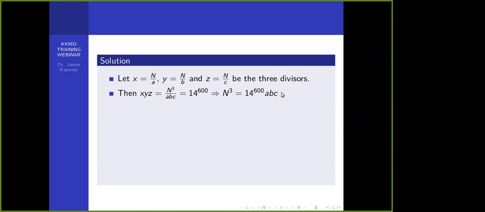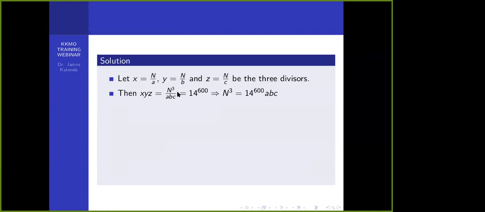Now, we can manipulate this. If you multiply X, Y, and Z, which is the product of the 3 factors we are looking for, it should be equal to n cubed over ABC. And that product, we have been told, is equal to 14 raised to 600.